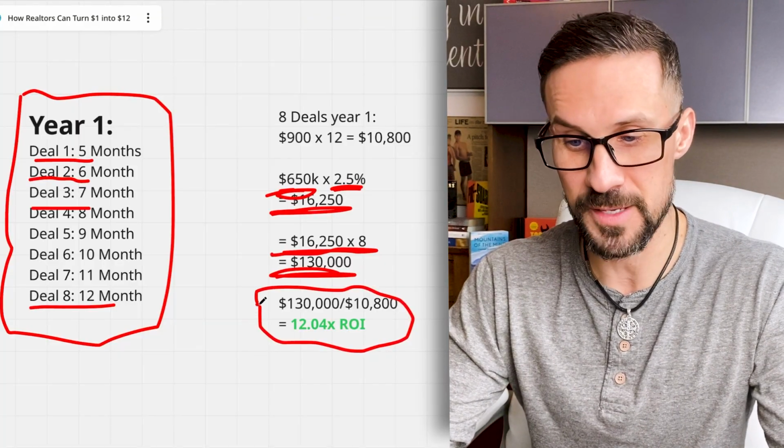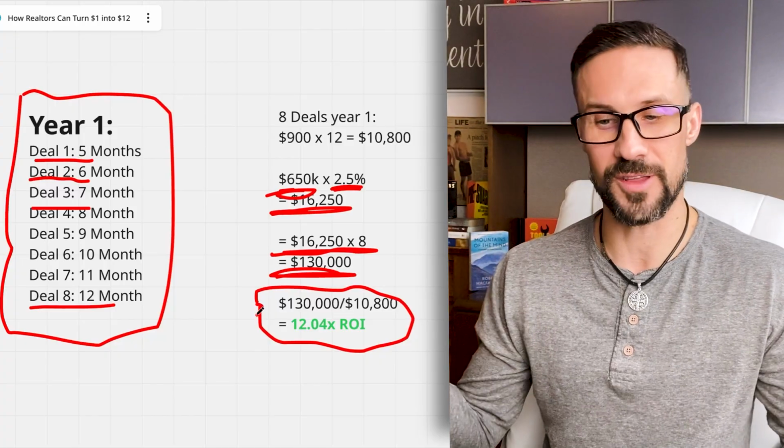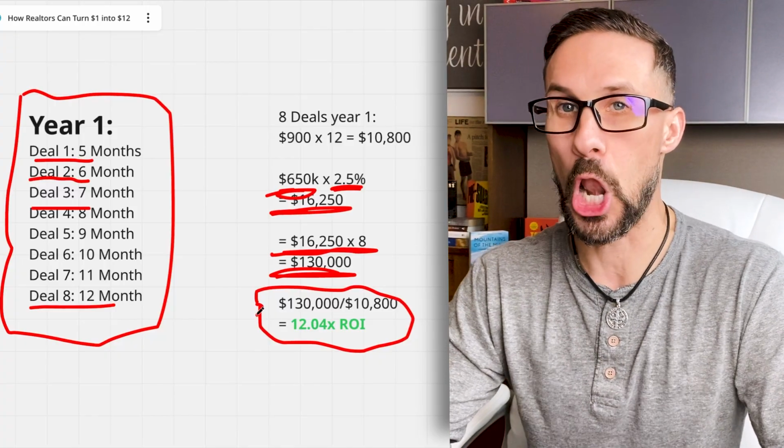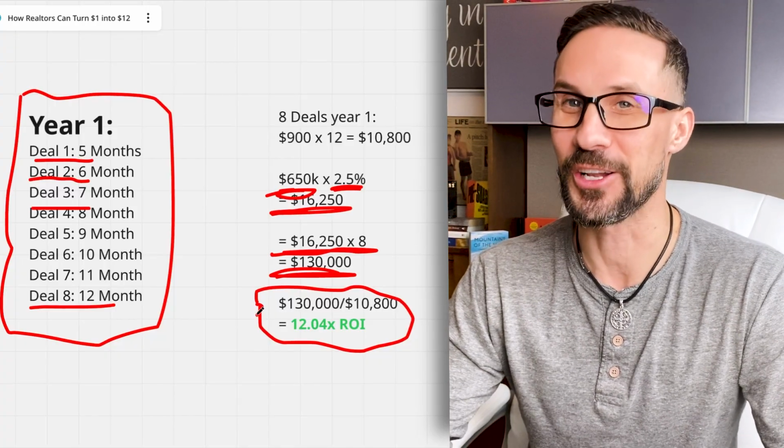If you look at other investment vehicles, which I've talked about in this video, the S&P 500, it can take a lot longer and you get a lot less return when you actually invest in other vehicles. And if you're doing GICs or mutual funds or any other stuff, you're not going to be making this type of money.